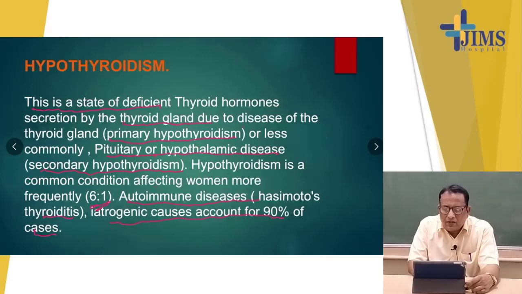So, deficiency of thyroid function will lead to hypothyroidism. It may be primary, it may be secondary. Primary means it is due to a defect in the thyroid gland itself. Secondary means this is due to a defect in the pituitary or hypothalamus.